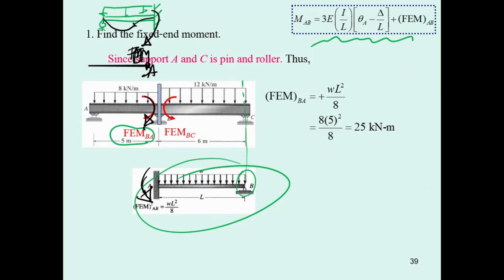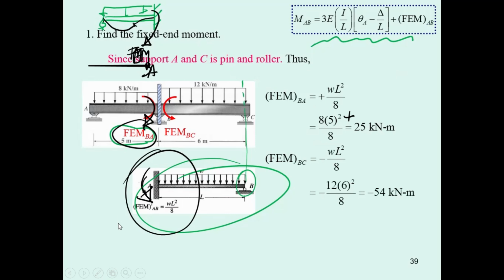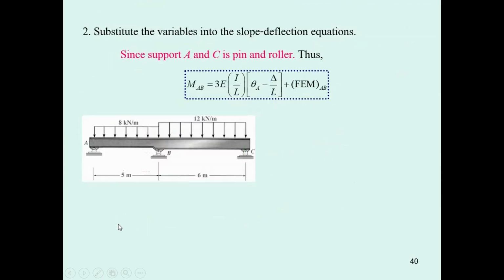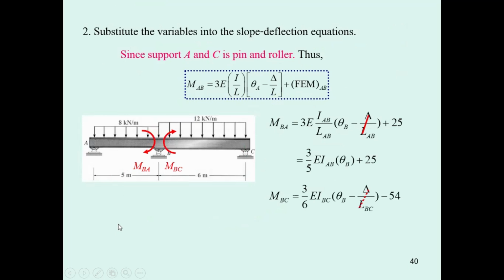And then this is negative or positive? This is going to be positive clockwise. This one is going to be negative. Okay. Beware about the sign. And then you put it in the equation. Everything is going to be very easy.